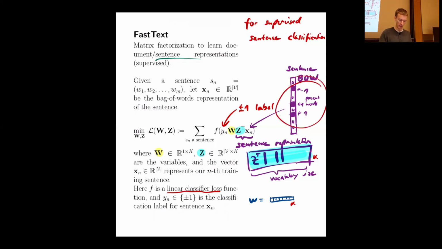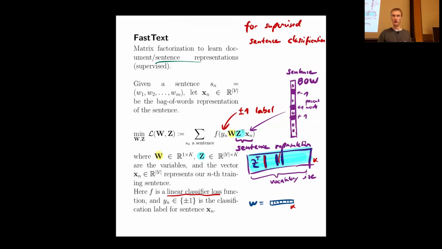Only those will be added up, so only those will contribute to the loss, so only those will be in the gradient, so only these will have an update. So the update is very cheap again. For every word in your sentence you spend again the cost K to compute the inner product of the word with the classifier, and that's it. So it's an extremely efficient classifier, which can be quickly updated with HTTP.